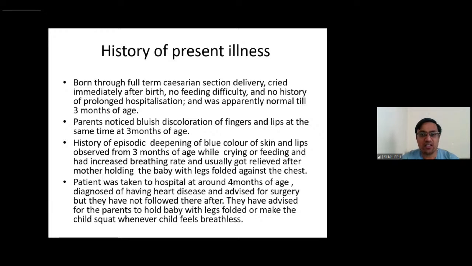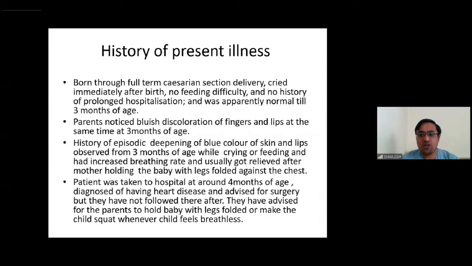and there is associated history of increased rate of breathing, and these episodes usually get relieved after the mother holds the baby with legs folded against the chest. The patient was taken to a hospital at around 4 months of age, where she was diagnosed as having some heart disease and was advised surgery for the same, but they did not follow.